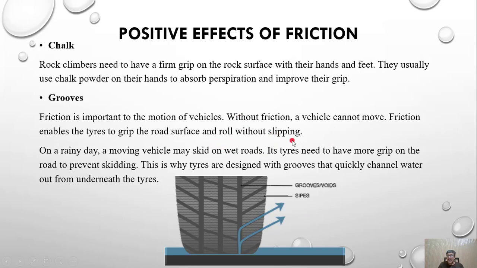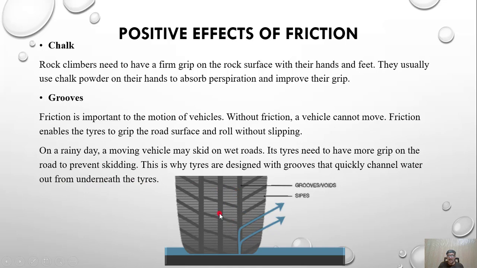So tires need to have more grip on the road to prevent skidding. This is why tires are designed with grooves. Grooves are basically spacings, these spacings. So how do they help? They can quickly channel water out from underneath the tires.